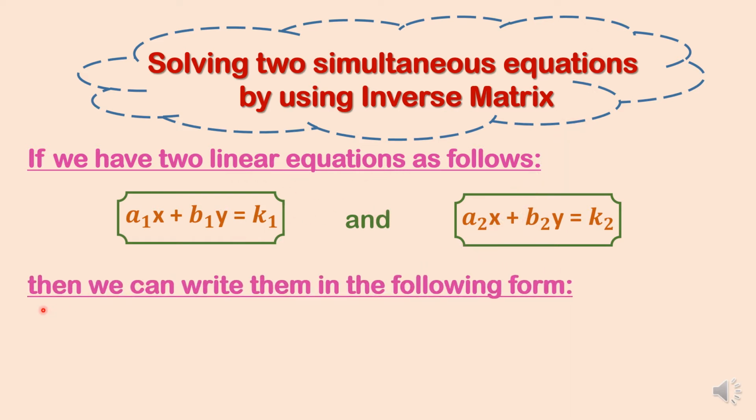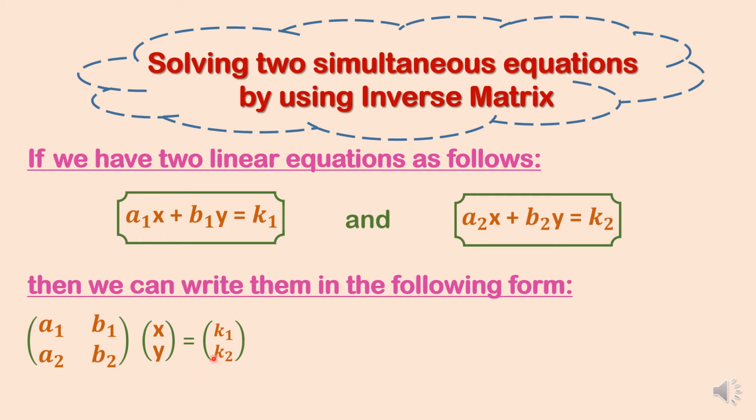Then we can write them in the following form: [a1, b1; a2, b2] times [x; y] equals [k1; k2].